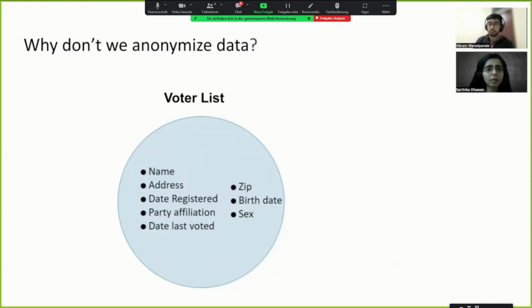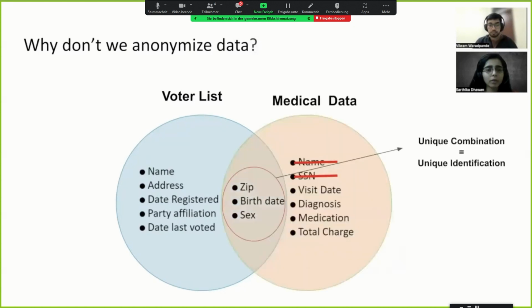For example, consider a voters list dataset is also there. It has these attributes, and you will see that zip, birth date, and sex are the common attributes in both these datasets. A unique combination of these can be used to identify an individual.